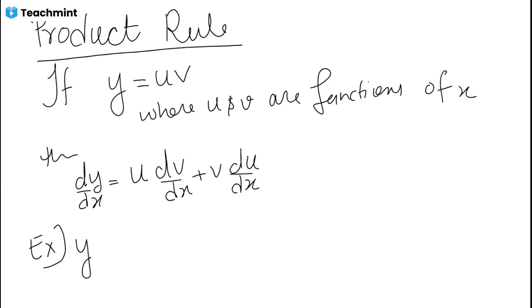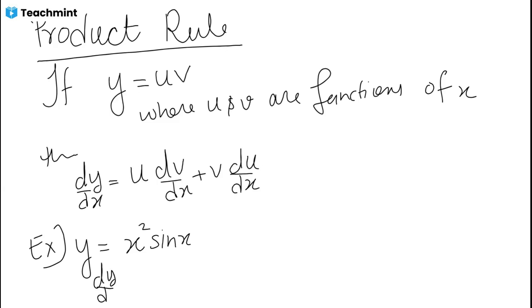For example, if you have y is equal to x square into sine x, and we need to find its derivative or differentiation. So we have first function u and we have second function v. Now we need to find differentiation of y with respect to x.